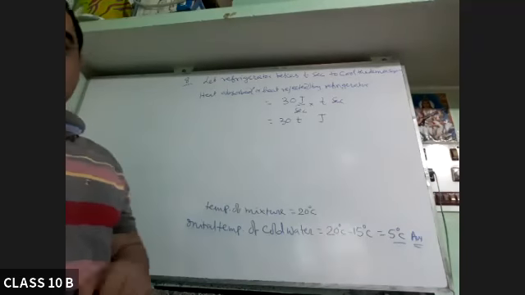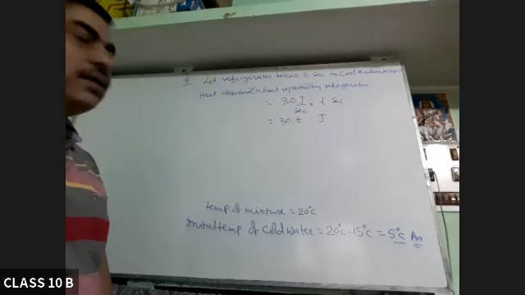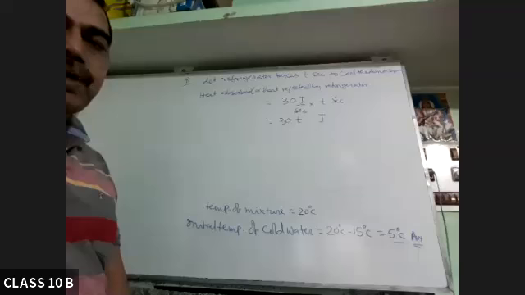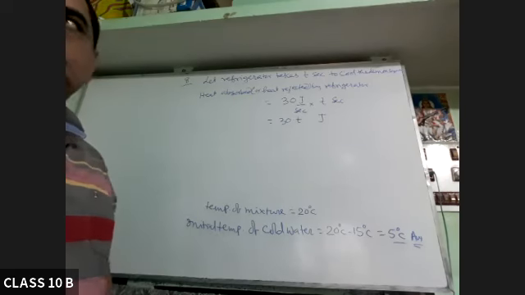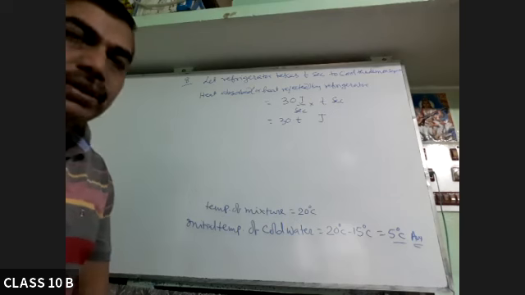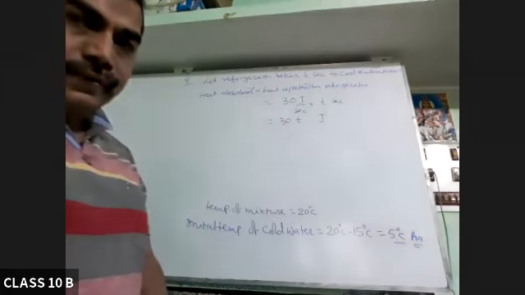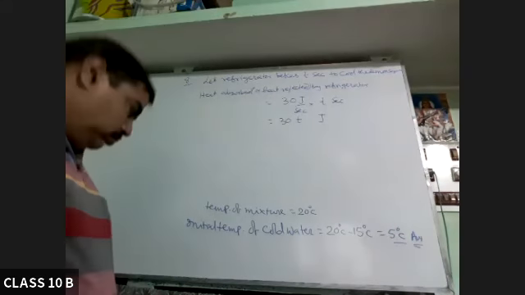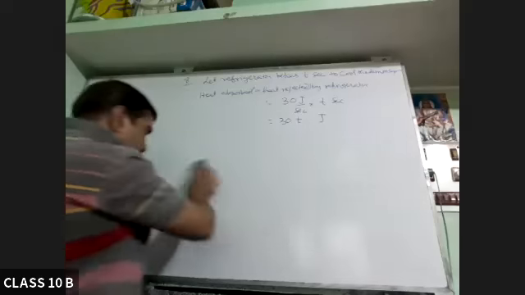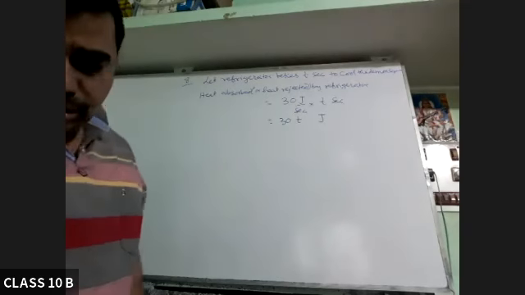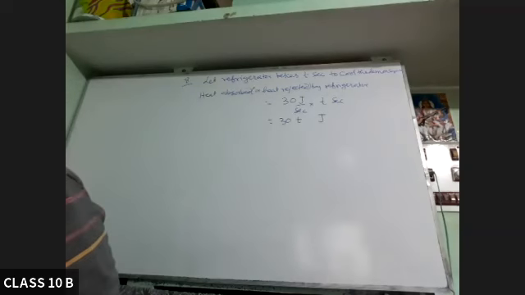Like in number 6, what was the heat given by the electric heater? Power into time. Power means what? Rate of heat produced, or rate of energy produced, or rate of electric energy consumed. Now from this side we will find the heat lost by this lemon squash.